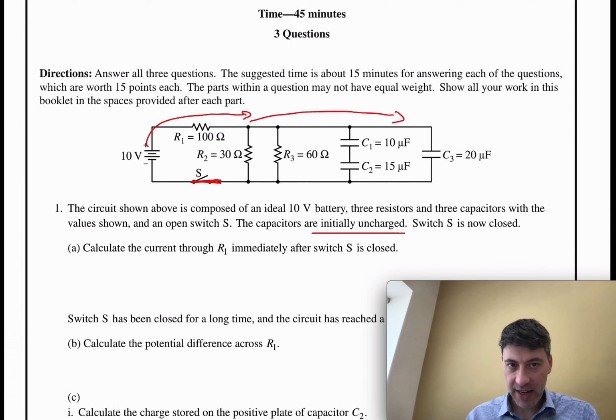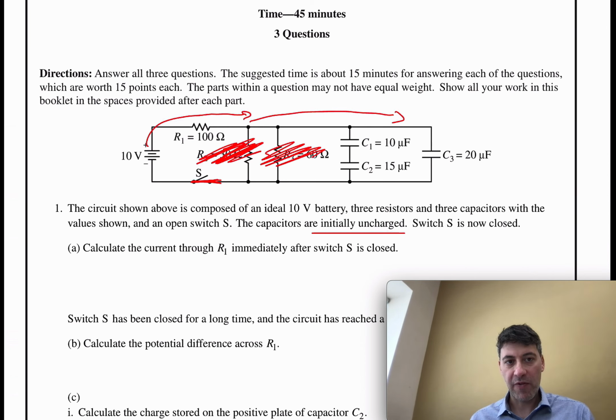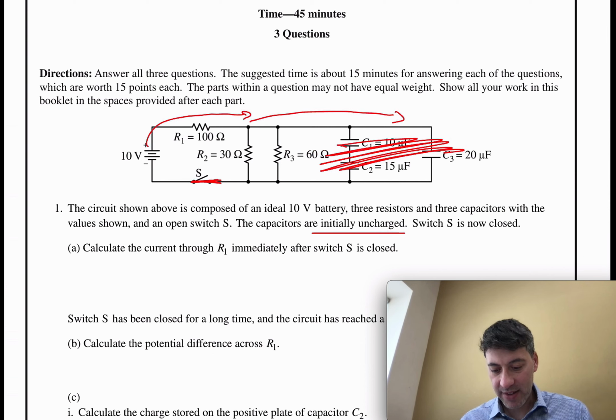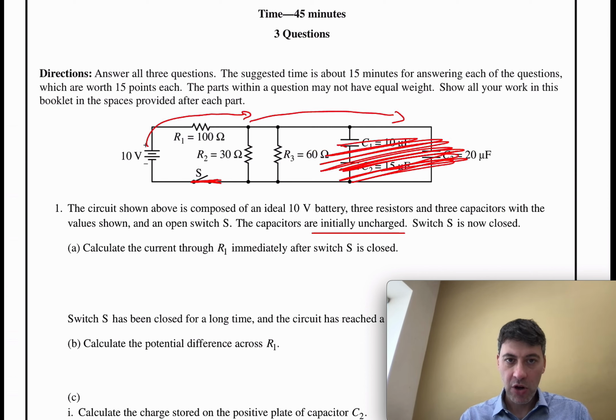So initially, at time t equals 0, there will be no current in resistor 2, and there will be no current in resistor 3. Current will flow from the battery to the first resistor, and it will be used in order to charge the capacitors. Later, when the capacitors are fully charged, they act like infinite resistors, so there will be no current used in order to charge them anymore, so all the current will flow through the resistors a long time later.